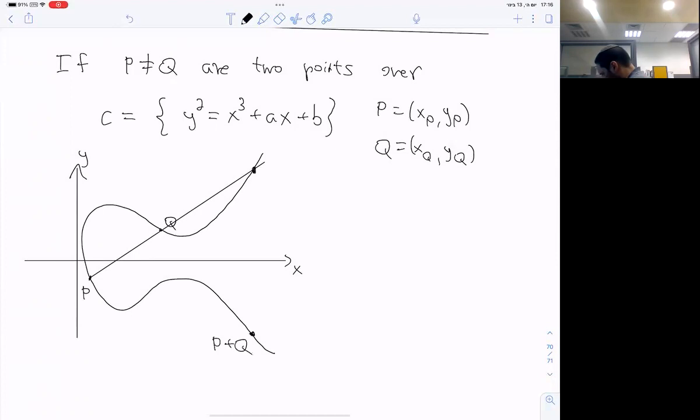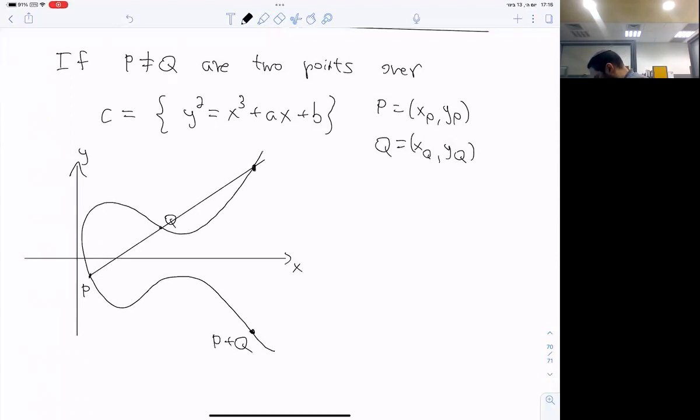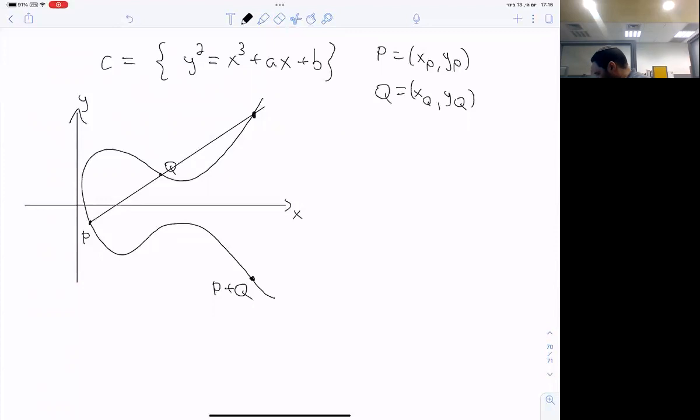How do we find it? The slope of this line, suppose the line is y equals lambda x plus b. So lambda will be just, as ordinary, delta y divided by delta x.